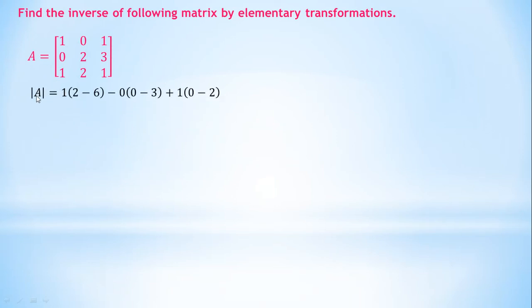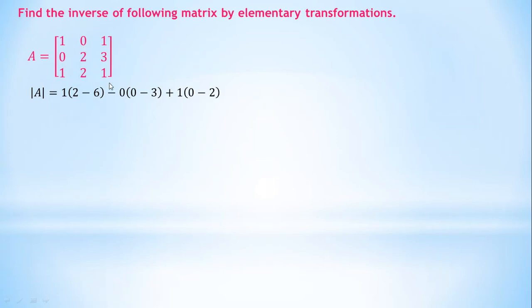See how to find the determinant of a 3 by 3 matrix. First select the first element, 1, into, remove its row and column, and the remaining elements form a determinant. So 2 into 1 is 2, minus 3 into 2 is 6, so 2 minus 6.